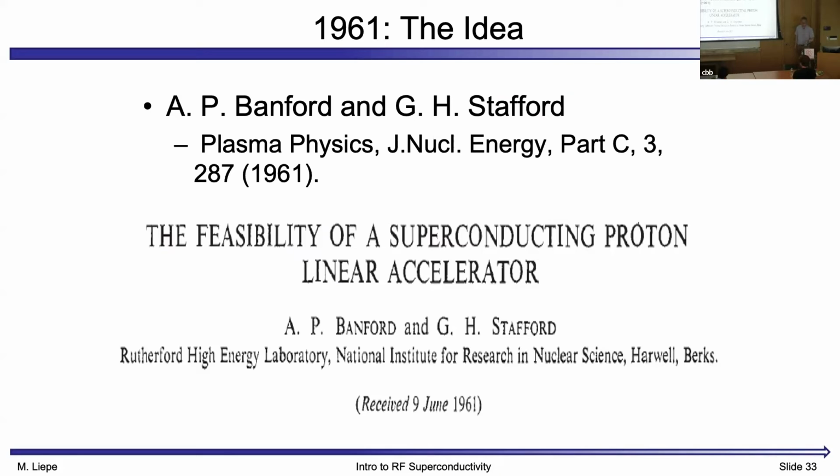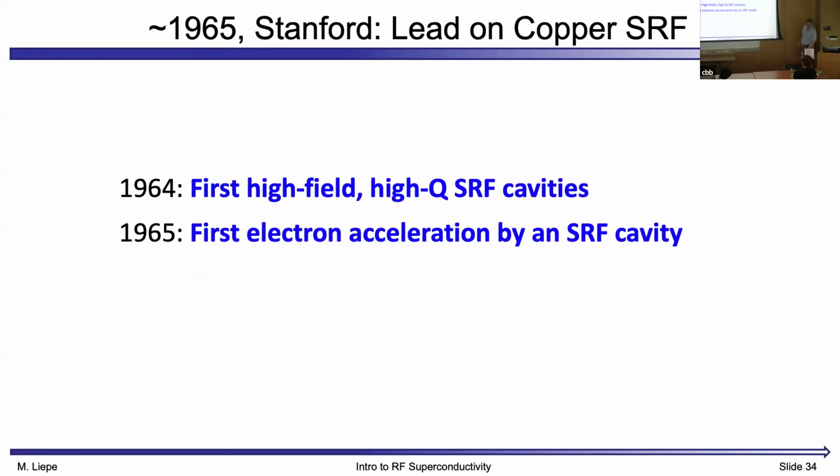That is the first paper here. And then just 4 years later, work started at Stanford, and they were actually using lead on copper at this time, not niobium, but lead on copper. So in 1964, the first SRF cavities, and then just a year later, the first acceleration of electrons with these cavities.